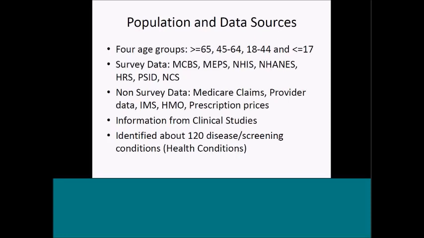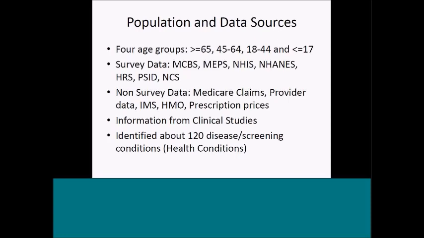We also had to do these analyses in different ways because the data are sometimes available only in restricted data centers and sometimes publicly available. So we had to use a mix of analysis. Some analysis is being done in the RDCs, some outside of RDCs.